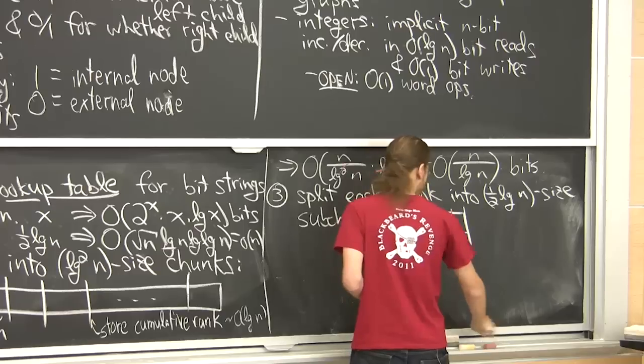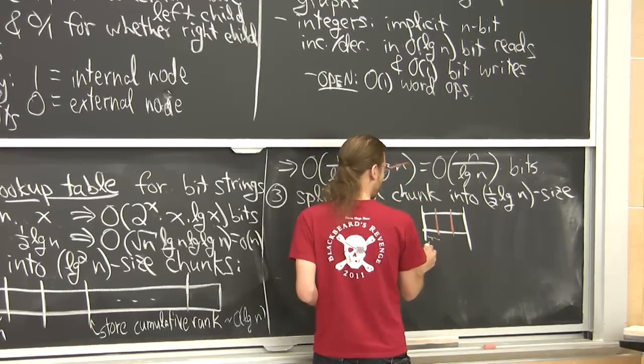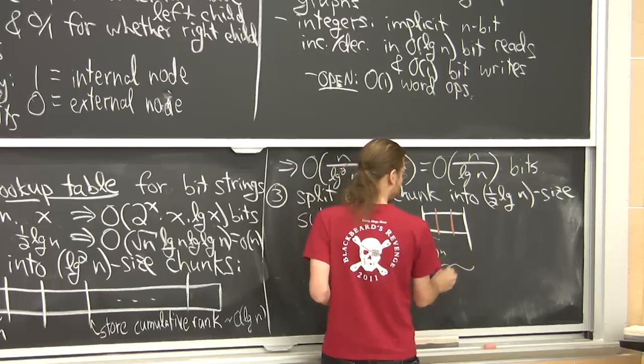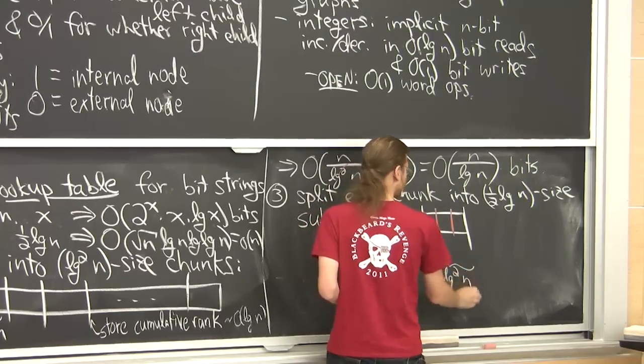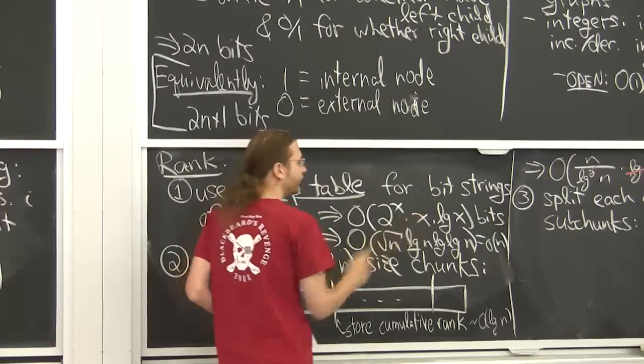I use red vertical bars to denote the subchunks. Each of these is half log n. Overall size of a chunk here is log squared n. So every one of these chunks gets further divided.